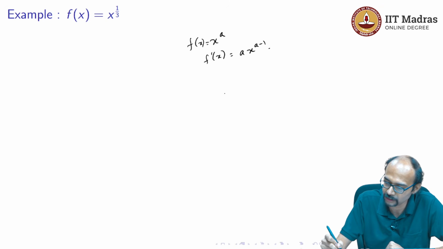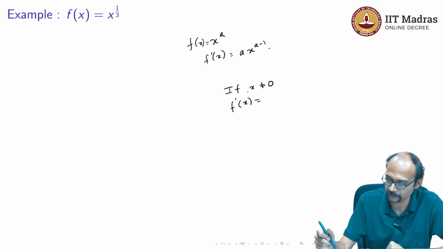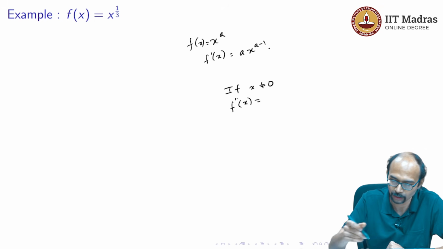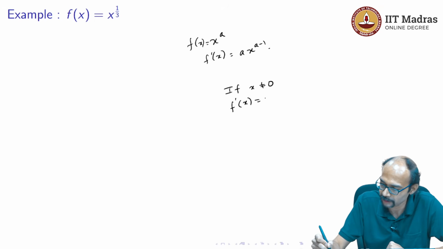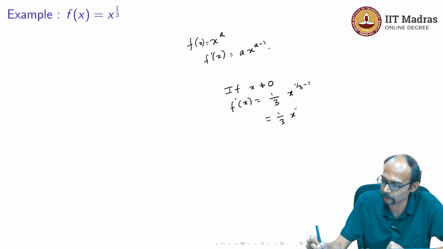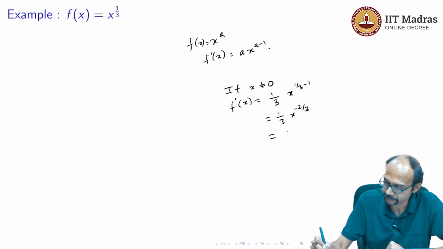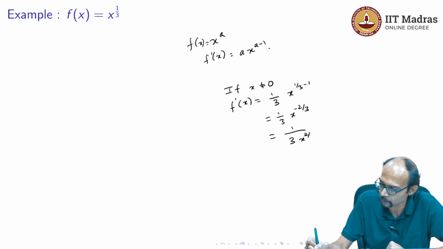So, for x to the power 1/3, if x is not 0, f prime of x, where f of x is x to the power 1/3, is 1/3 times x to the power 1/3 minus 1, which is 1/3 times x to the power minus 2/3, or in other words 1 over 3 times x to the power 2/3.